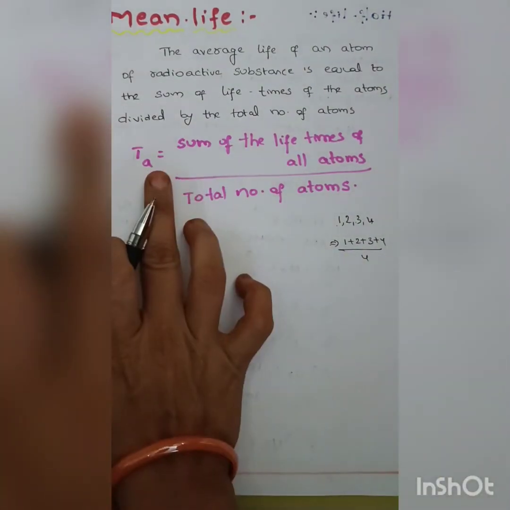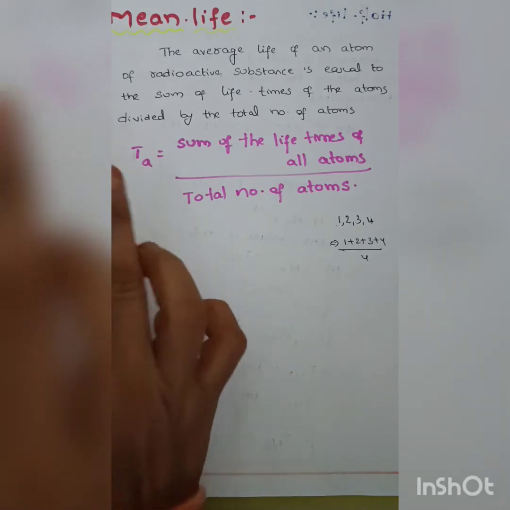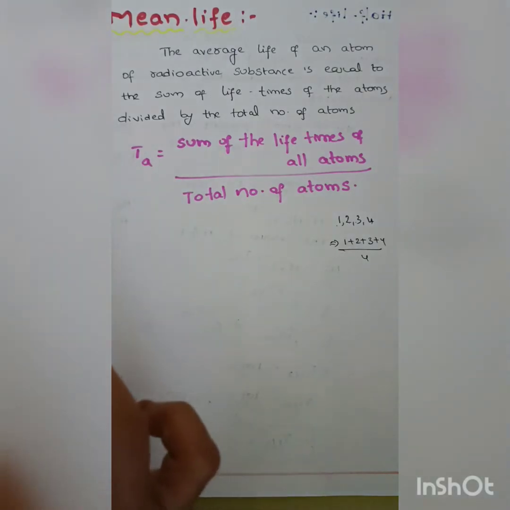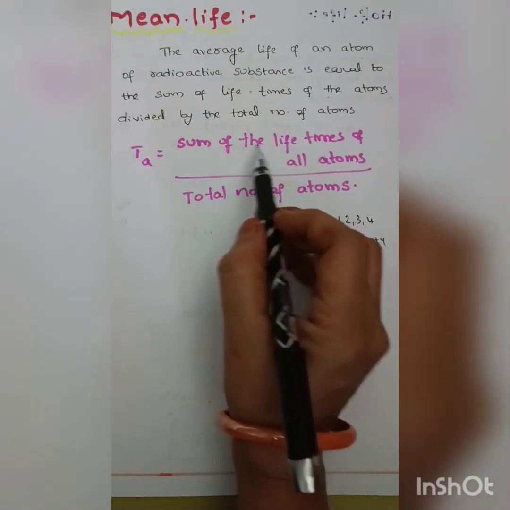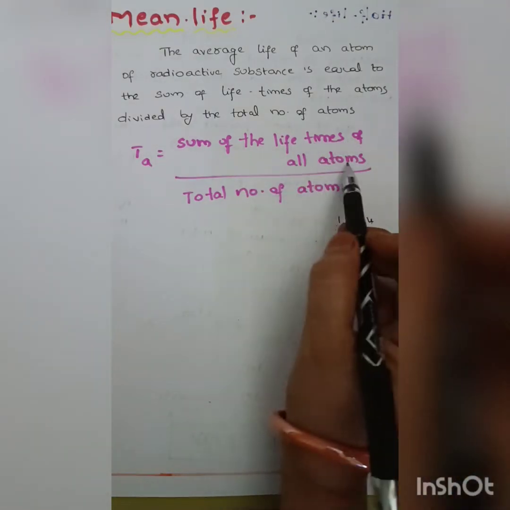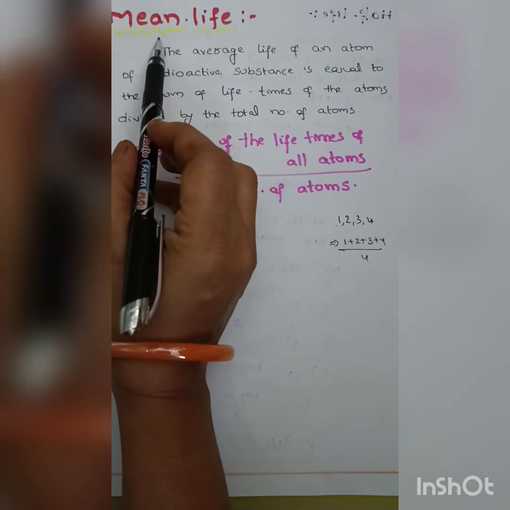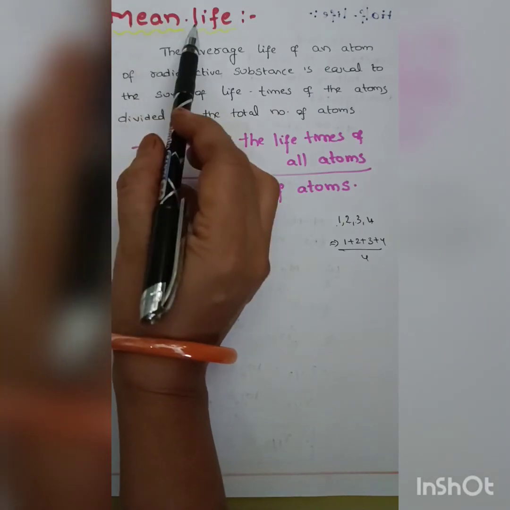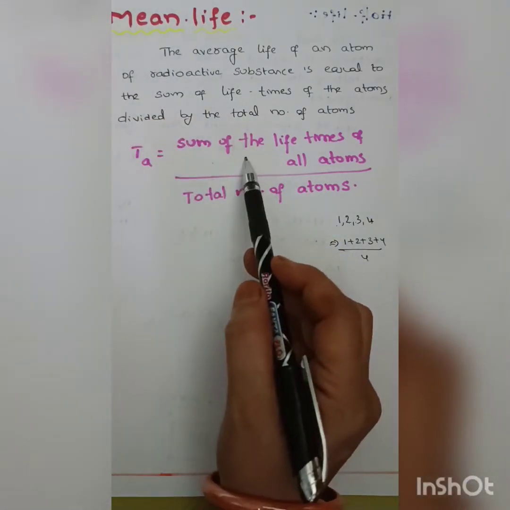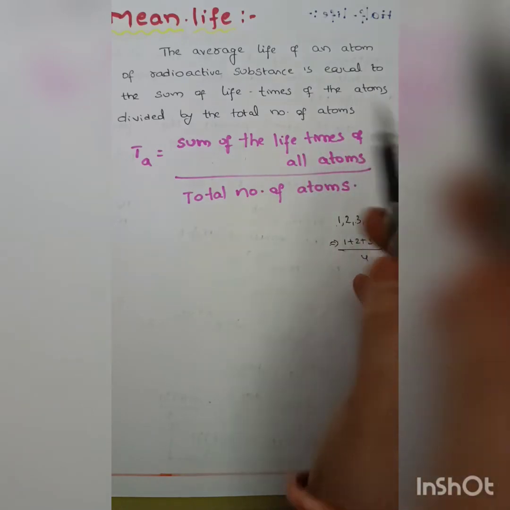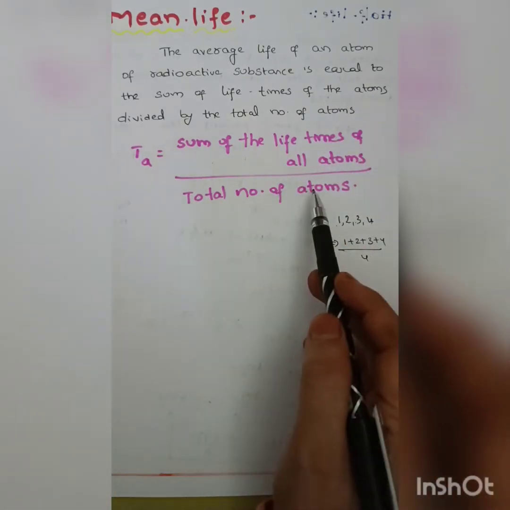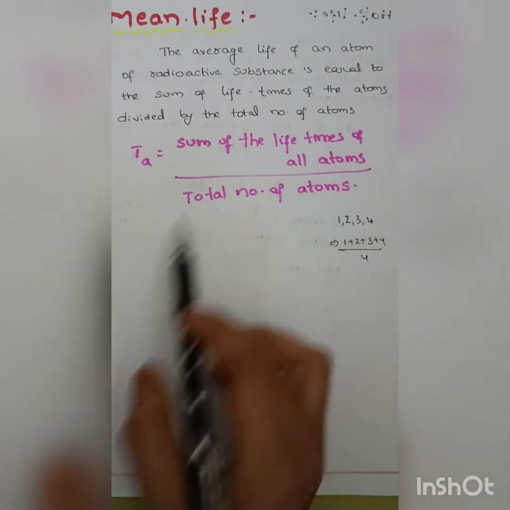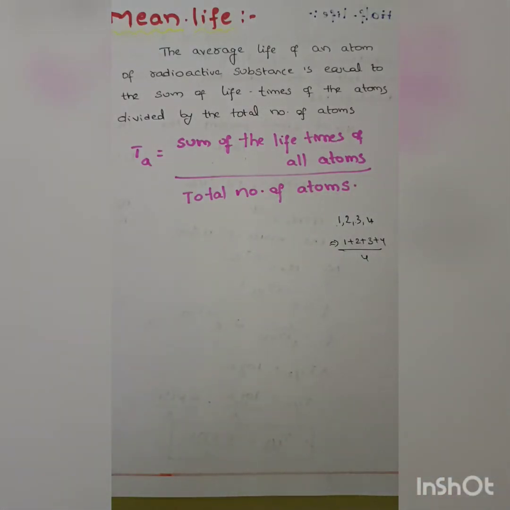So here also, the mean life or average life of a radioactive substance is nothing but the sum of the lifetimes of all the atoms in the radioactive substance divided by the total number of atoms. We call that the mean life.